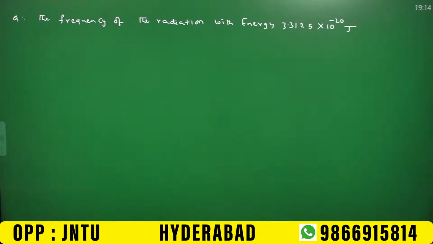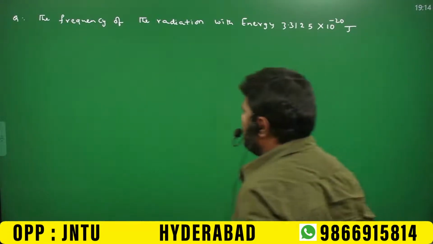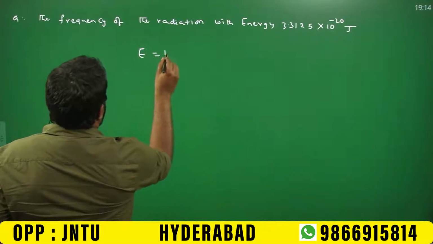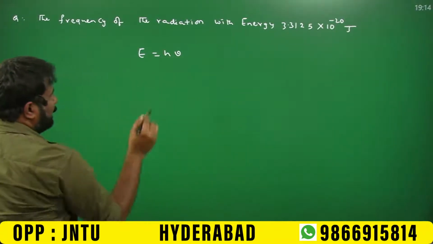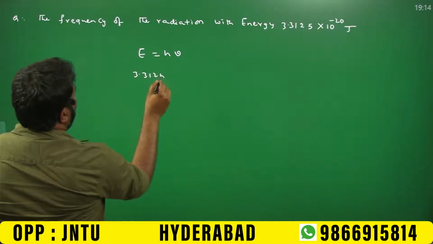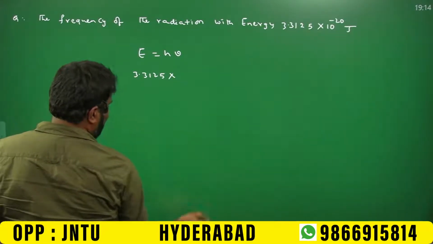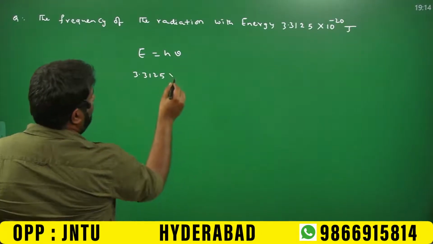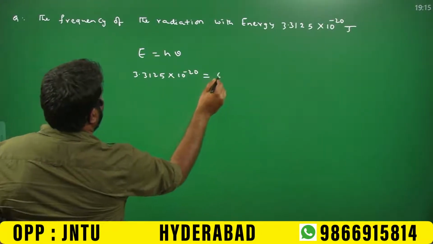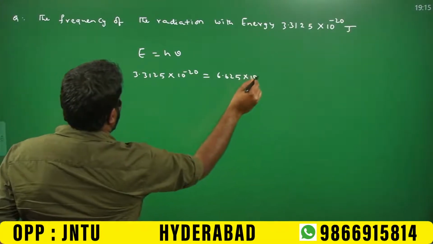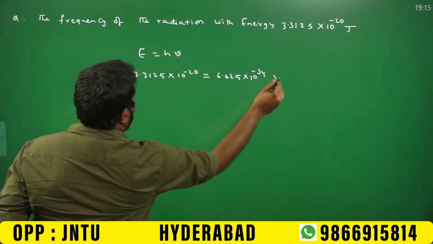What's the answer? Hertz. See, the formula is E equal to h nu. We need to calculate nu. Energy is given as 3.3125 into 10 power minus 20, and h value is 6.625 into 10 power minus 34.